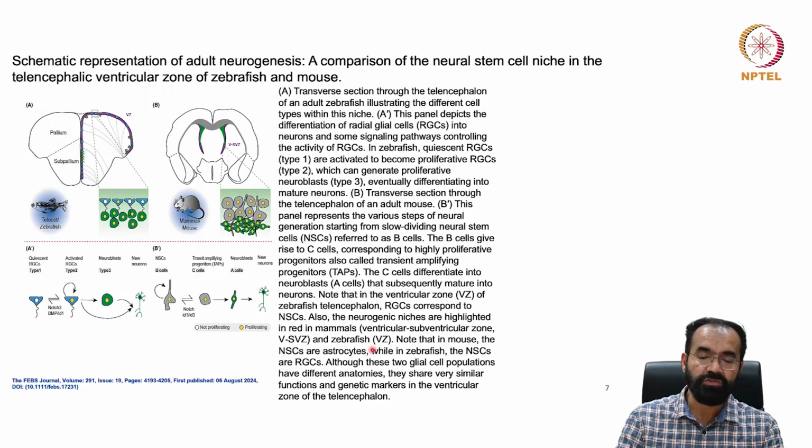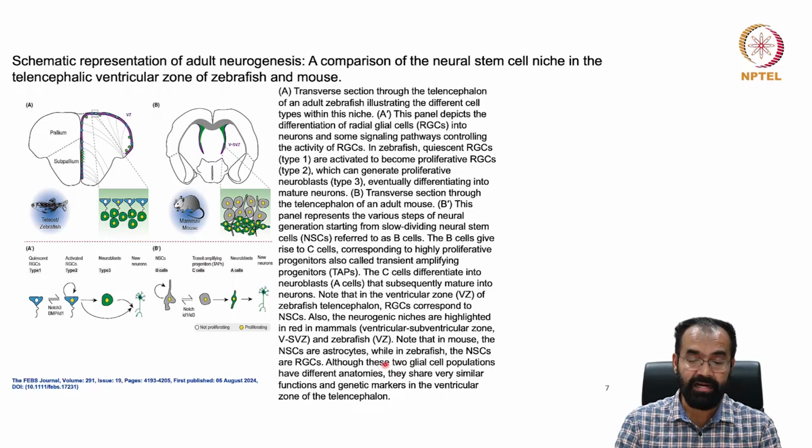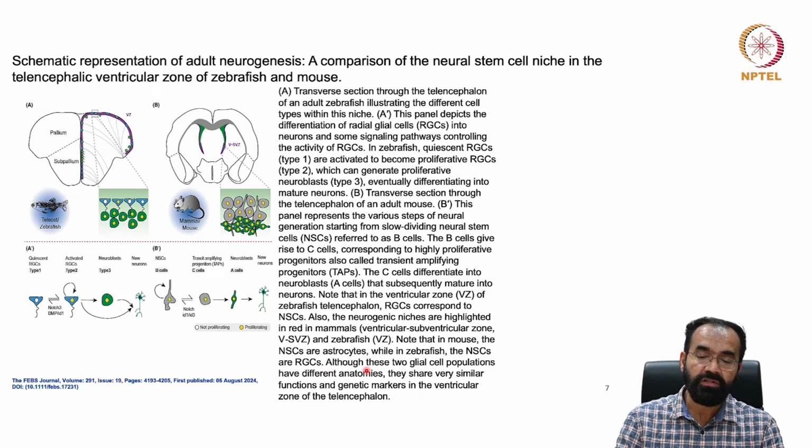Note that in mouse the NSCs are astrocytes, while in zebrafish NSCs are RGCs, that is the radial glial cells. Although these two glial cell populations have different anatomies, they share very similar functions, and genetic markers are also similar in the ventricular zone of the telencephalon. So you can see here the quiescent type 1 becomes type 2, and type 2 becomes type 3. Type 3 gives rise to the neuron.